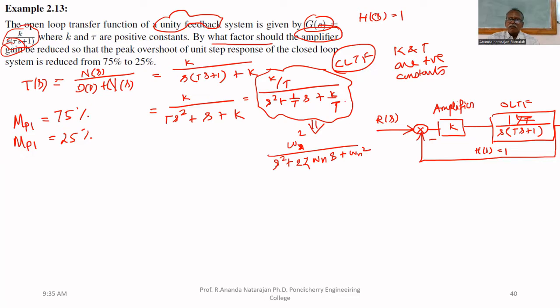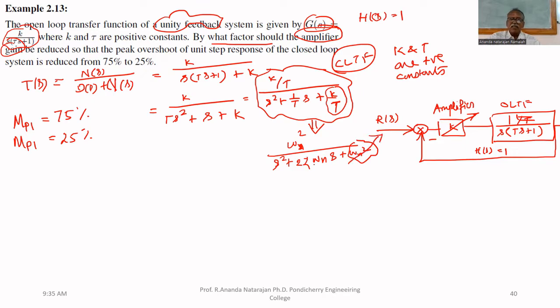Here, in place of omega n square, k by tau is there. k is variable here. You can adjust the gain. So omega n is variable, because k can be adjusted. The gain of this amplifier can be adjusted. That's why omega n becomes variable.